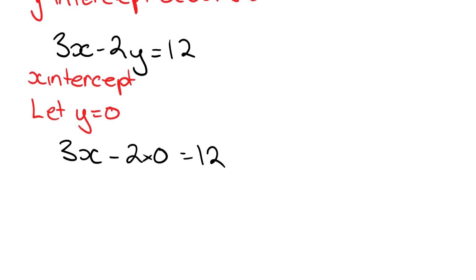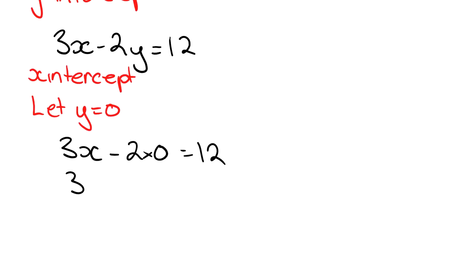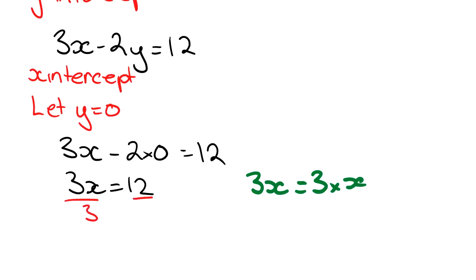Well, 2 times 0 is 0, so that disappears, and I'm left with 3x equals 12. Remember, 3x is the same as 3 times x, and the opposite of multiplying is dividing, so we divide by 3. Those 3s cancel out, and we're left with x equals 12 divided by 3, which is 4. So my x-intercept is at 4.